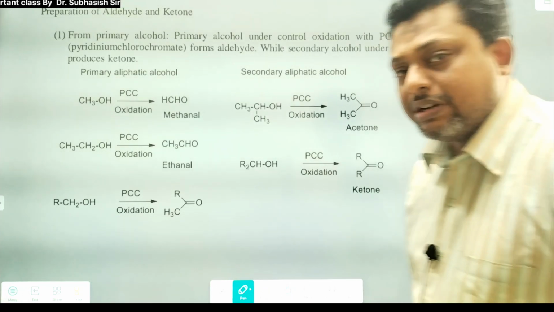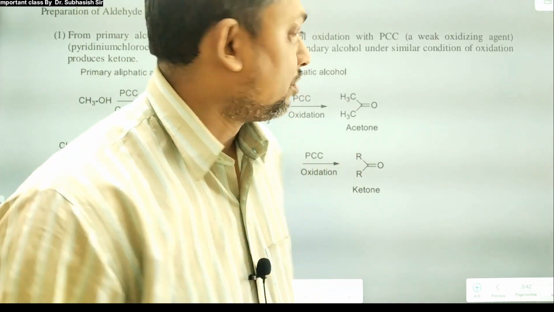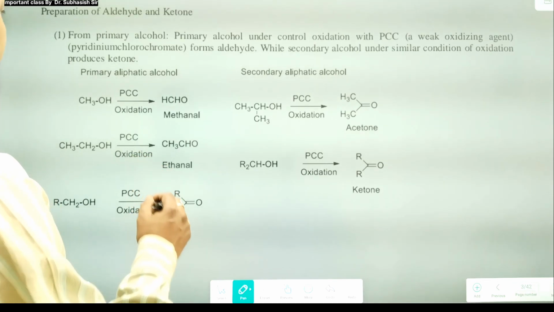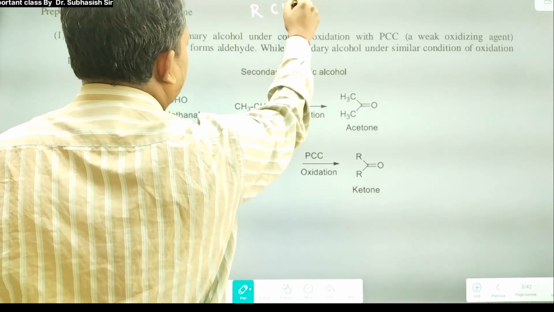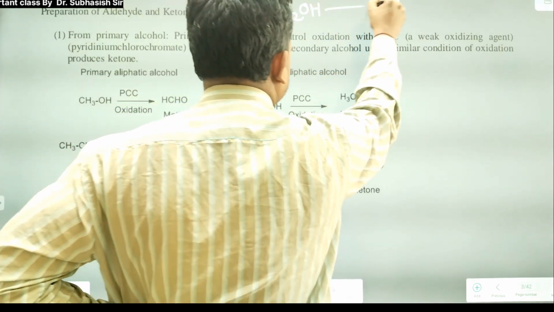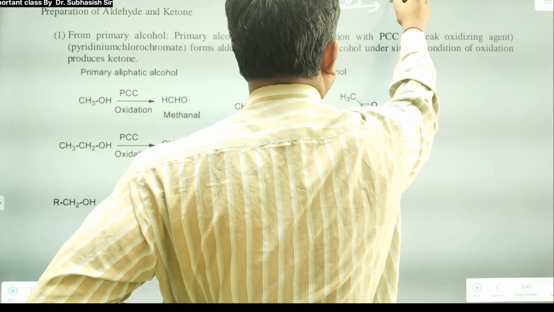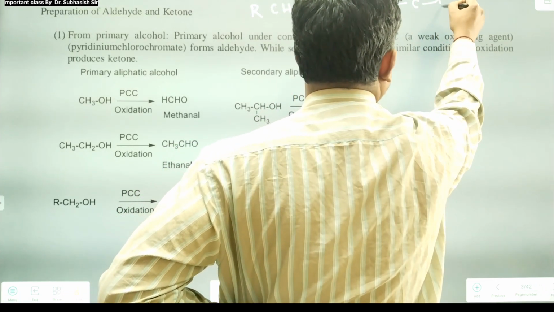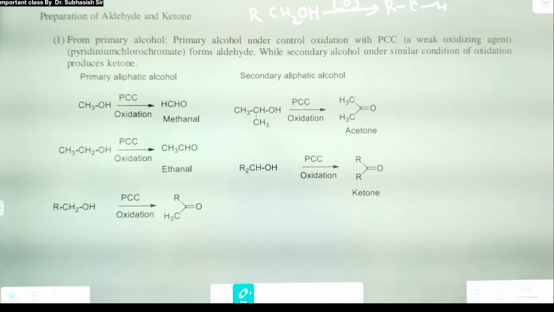Now how will you prepare these carboxylic acids in the laboratory? As we know, alcohols have the formula RCH2OH. Now if you oxidize the alcohol, then first we get aldehyde.